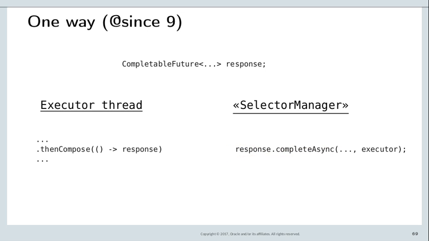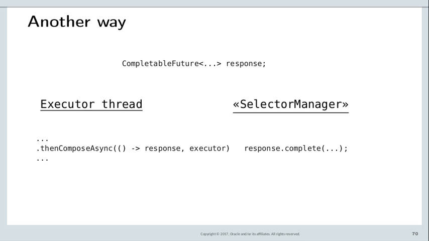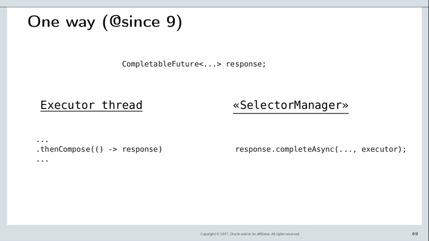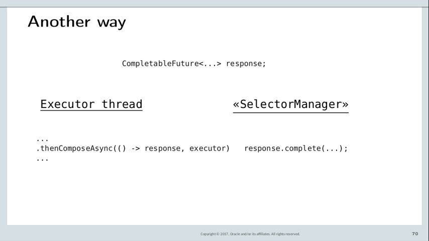So what we have to do in Java 9, we could use the new method completeAsync. It means that the method explicitly specifies executor for subsequent execution of our chain. In Java 8, there is no such way to use completeAsync.